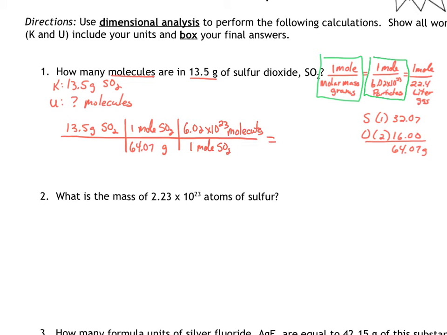Now I'm going to double check myself. Grams on the top, grams on the bottom. Mole on the top, mole on the bottom. I'm left with molecules, which is what I wanted in my unknown. So I'm ready to put this in the calculator and figure out my answer. I put that in the calculator and I get 1.28, using 3 significant figures, times 10 to the 23rd molecules. And that would be my final answer.